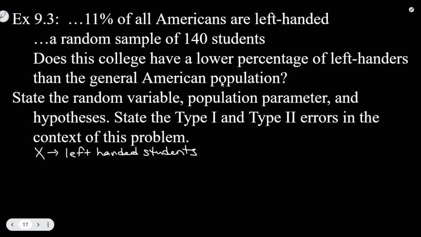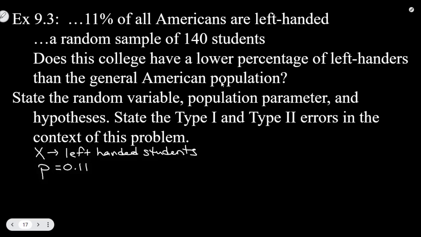That's what we're looking for. The population parameter that we are dealing with is proportion. And in this particular case, our proportion is, we are told that 0.11 is the proportion of people in the United States, Americans in the United States who are left-handed.